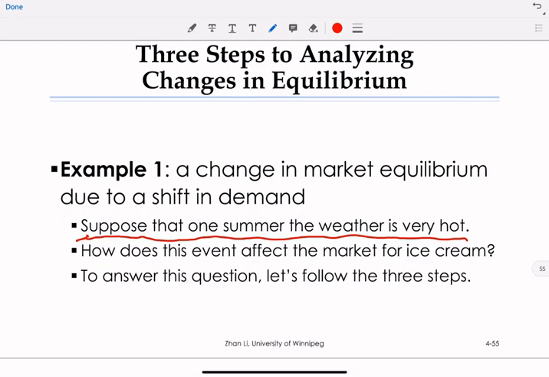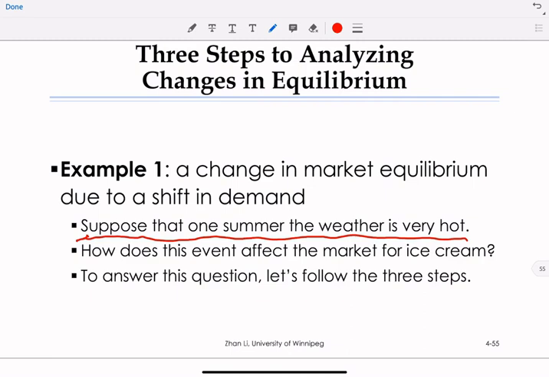As a consumer, if the weather is very hot, then it's very likely you will buy more ice cream cones, right? So now we have finished the first and second steps, because first, this will affect the demand curve. Second, because of the hot weather, you will buy more ice cream cones, so the demand for ice cream cones should increase.